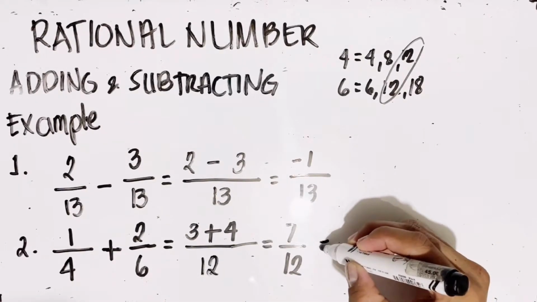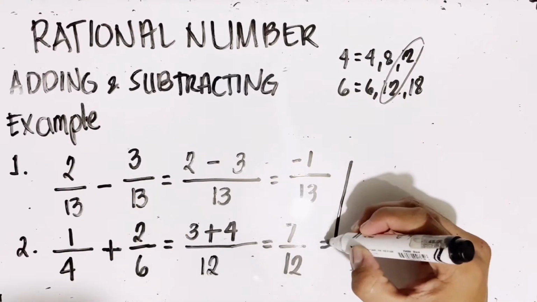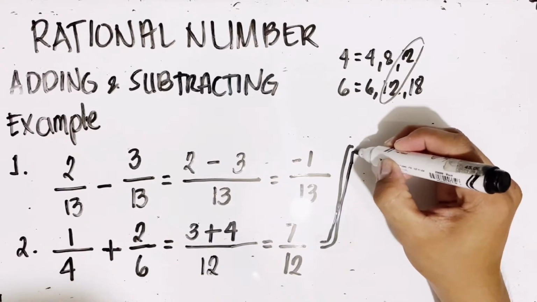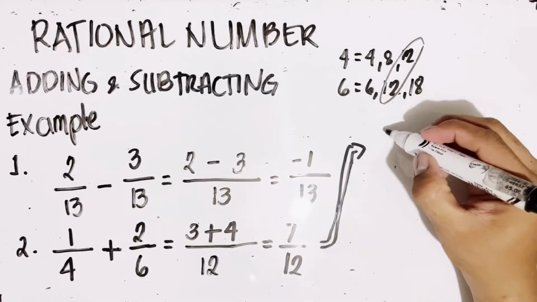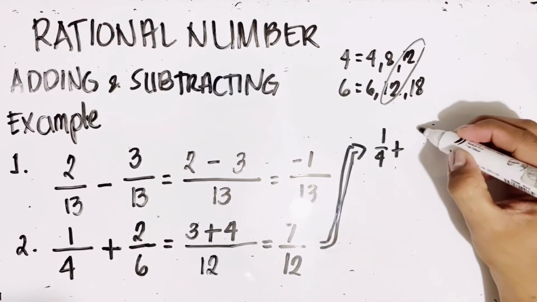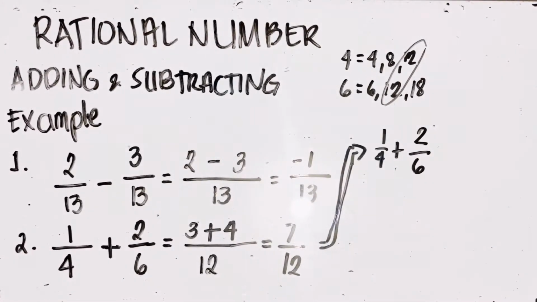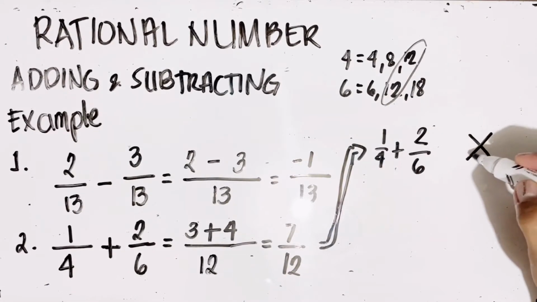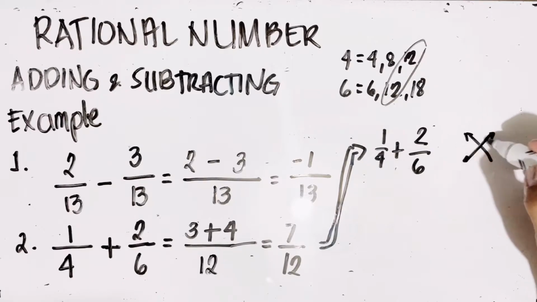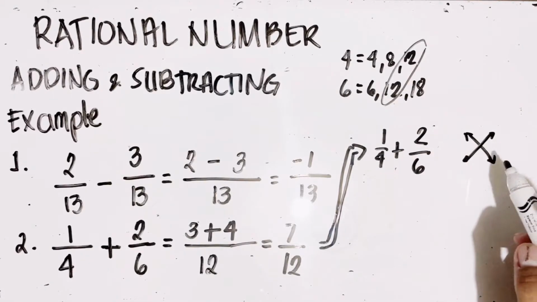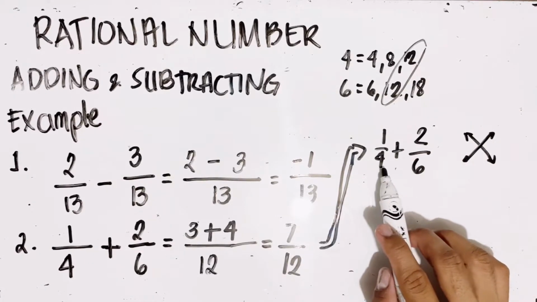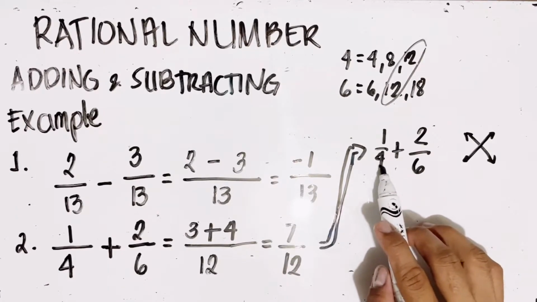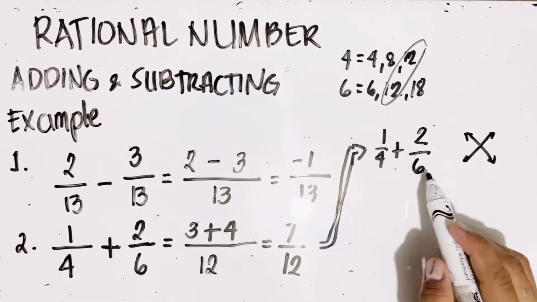For example, we will solve 1/4 plus 2 over 6 using the shortcut method. So first thing is do cross multiplication for the numerators, and for the new denominator, you will just multiply them.